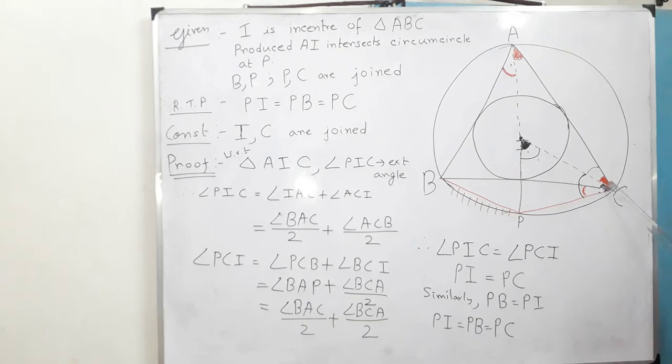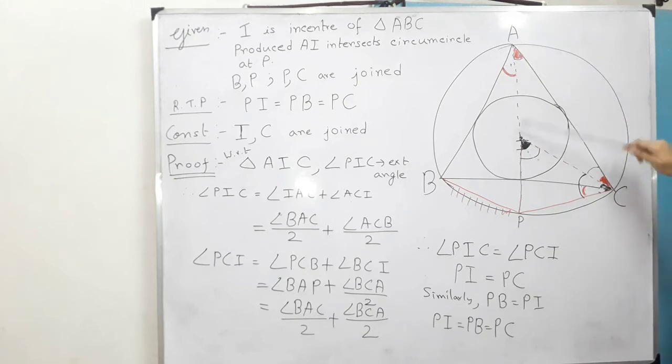Before that, what do I have to prove? I have to prove these two angles are equal. So I am starting from this angle. If I observe properly, this is the exterior angle with respect to triangle IAC. So we can say that angle PIC, this exterior angle, is the sum of angle IAC plus angle ICA.